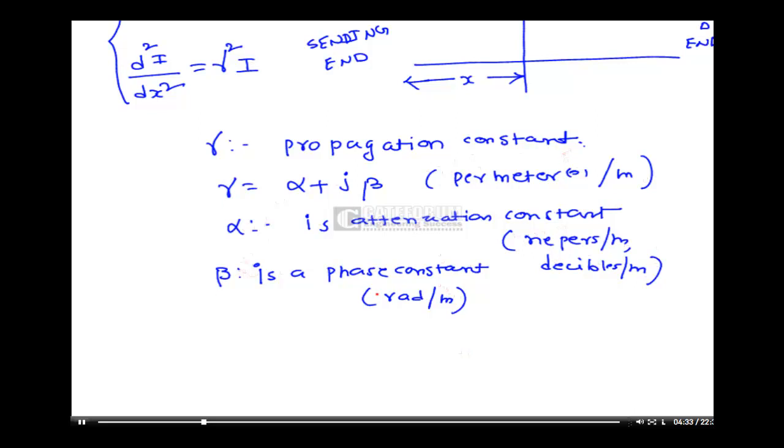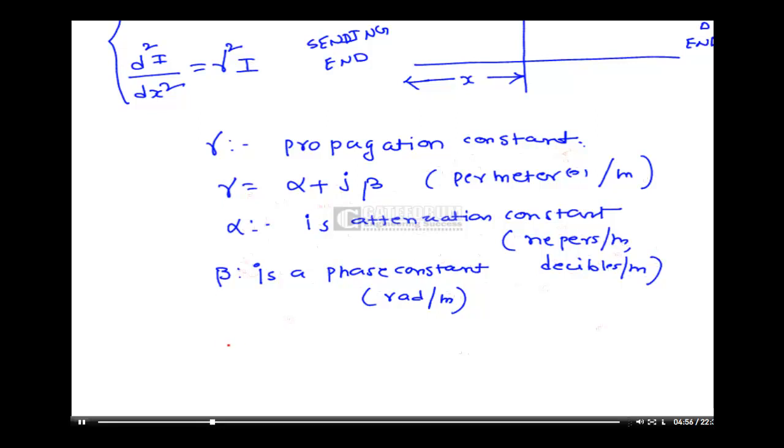Similarly, the attenuation constant and phase constant, that doesn't mean they don't have any unit. It is a constant value, but it has some unit, alpha and beta. So in general, propagation constant is equal to alpha plus j beta, attenuation constant alpha as well as phase constant beta.